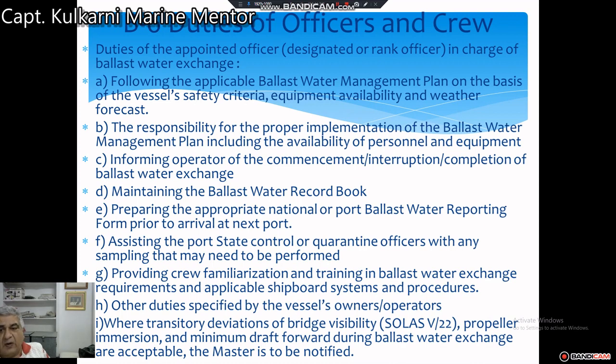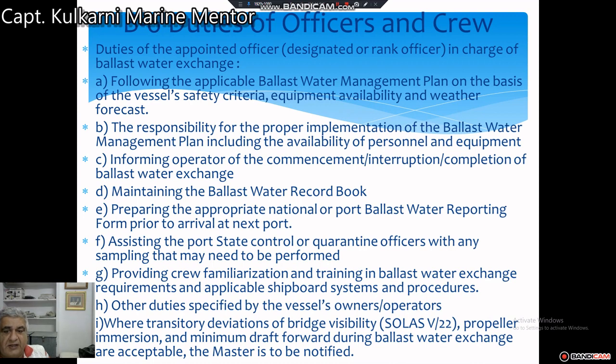Assisting the port state or quarantine officers with any sampling that may be required. Now the sampling points have come in, the port state control, the quarantine officers will come and check the samples, tell the ship to wait, and then they will say that now you can discharge the ballast water, it is as per the requirement.